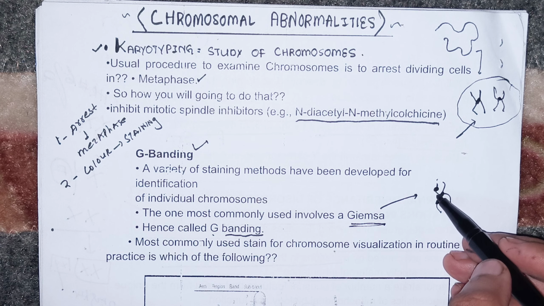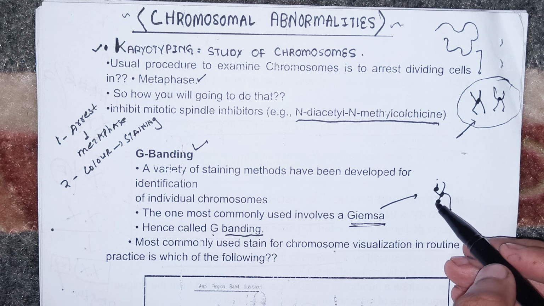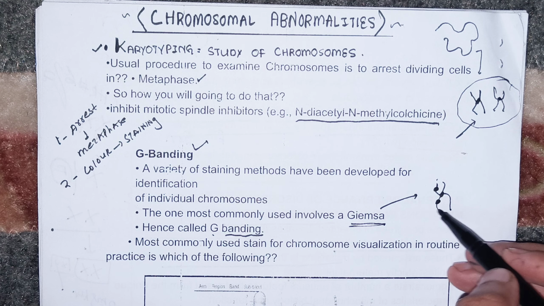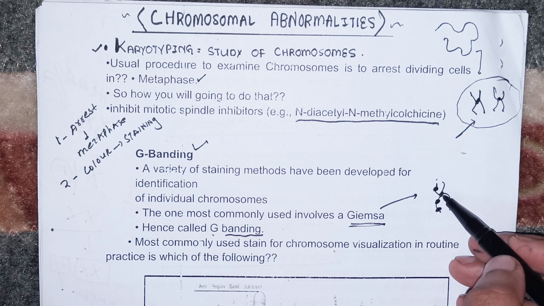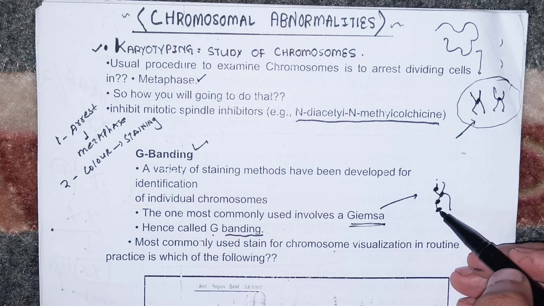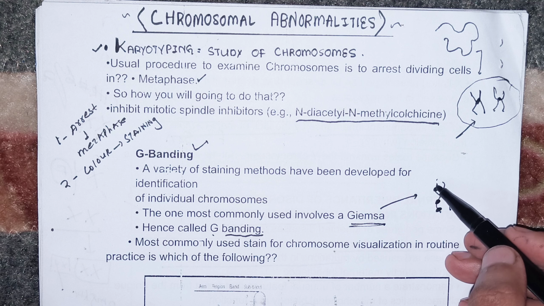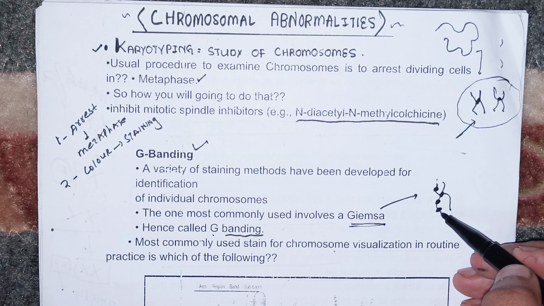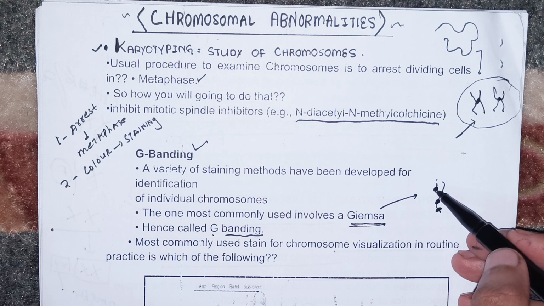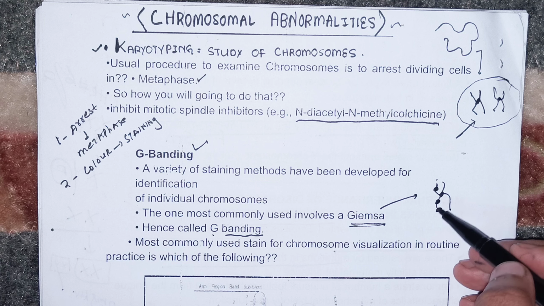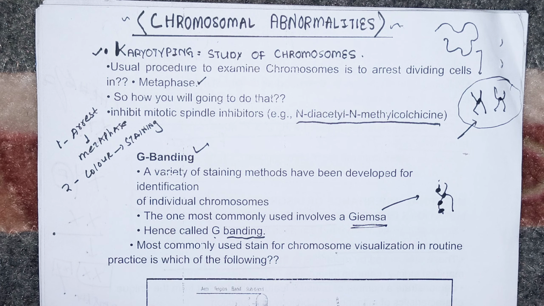At some places it is dark, at some places it is light, and again dark, again light, again dark. Can you see these bands of dark and light areas? Because this Giemsa stain is not uniformly picked up by the chromosome. The Giemsa stain is picked up in the form of these bands. So this is why we call it G banding.